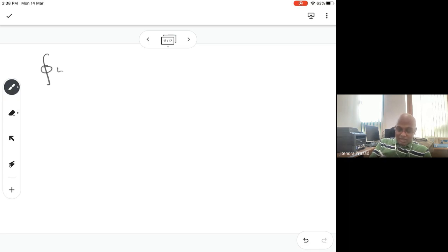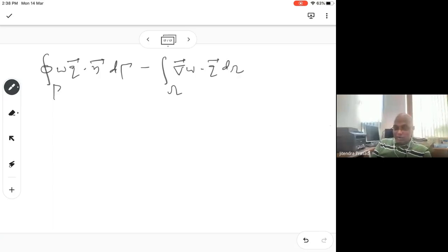So we had the integral over the boundary gamma of W Q dot N d gamma, minus the integral over omega of gradient of W dot Q, plus the integral over omega of W S d omega, is equal to 0.